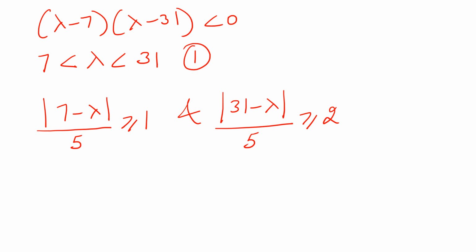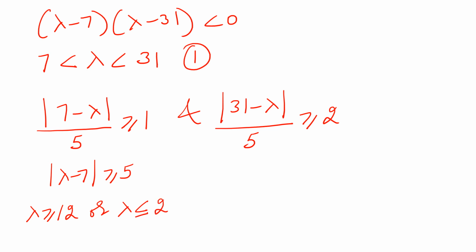So from here, I get |lambda - 7| greater than or equal to 5, or lambda greater than or equal to 12, or lambda - 7 less than or equal to -5, which means lambda is less than or equal to 2, right? Let me call this result as number 2.